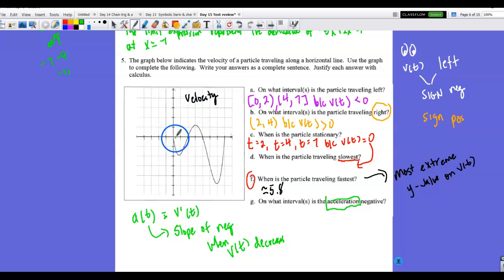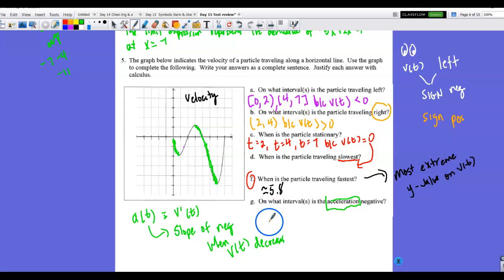All right, so let's look at that. We have a decrease, decrease, decrease, decrease, decrease. Those slopes are negative. Think about putting your tangent line in there. Here, from the top to the bottom, or I should say the local max to the local min, slopes are negative. Think about putting your tangent line in, a decrease.